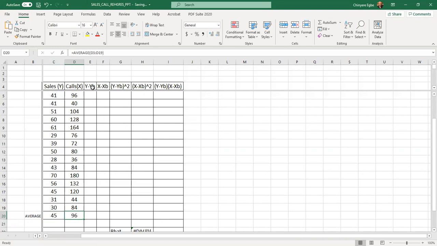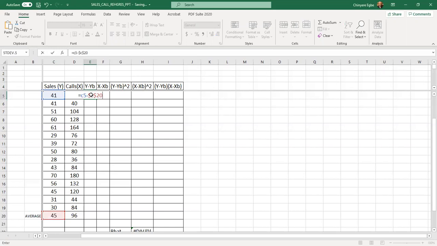Okay. So now we're going to take y minus y bar. We take every single value of y and subtract it from the mean of y. The mean of y is right here. So we're going to go equals C5 minus $C$20.